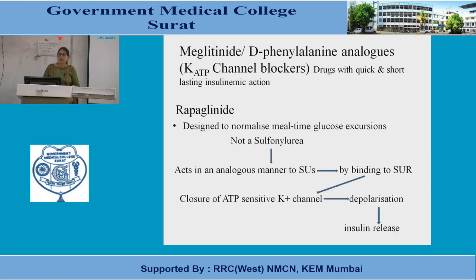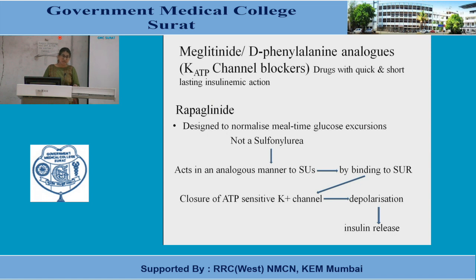Now we come to the second group of drugs in the oral hypoglycemic category, which is the meglitinides, or we can call them D-phenylalanine analogs. They also work as potassium channel blocking drugs. So these drugs have a quick and short-lasting insulinemic action.